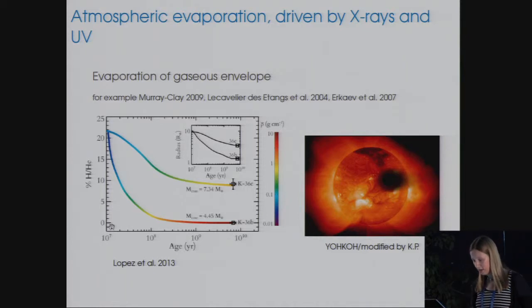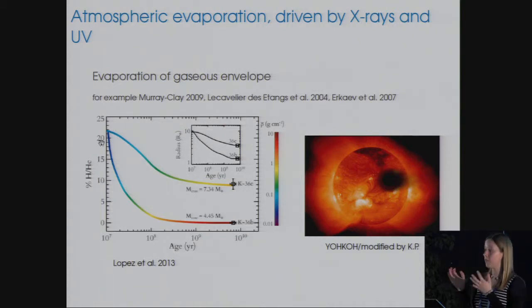And what I'm showing here is the work by Eric Lopez and co-workers, where they looked at several super-Earths and start out in their model with a substantial hydrogen-helium envelope and look at the stellar evolution of X-ray and UV luminosity over time and integrate this model and look at the mass loss of the exoplanets.